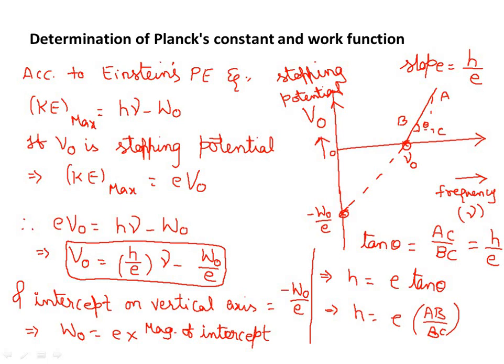If I back-extend this graph, it cuts the negative y-axis, and I am mentioning that intercept as W naught by e. The negative sign indicates it is on the negative y-axis. Let's see how we get this.